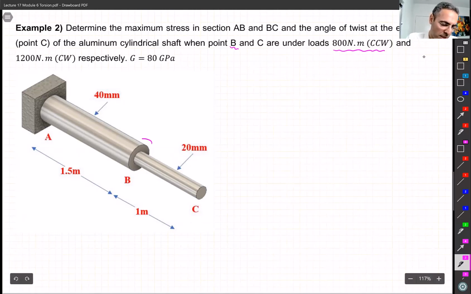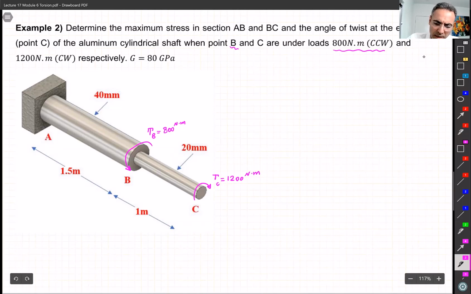So at point B, if I draw it, it's going to be something like this. It is TB, which is equal to 800 Newton meters, right? And at point C, which is clockwise, this is TC, 1,200 Newton meters.